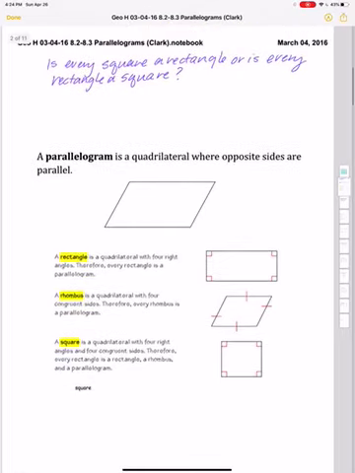Is every square a rectangle, or is every rectangle a square? So take a few seconds and think about that.